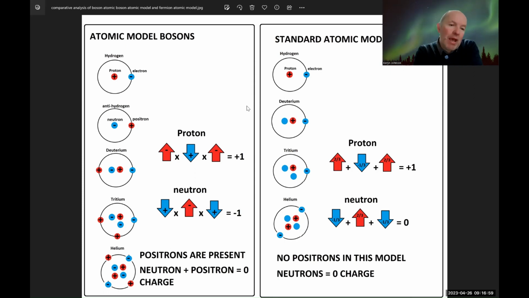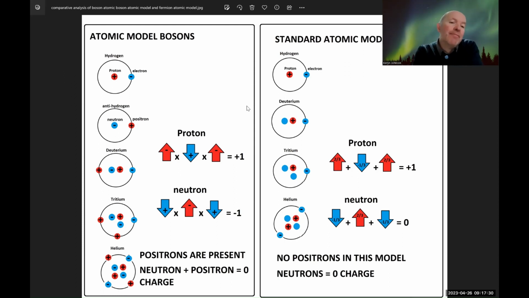And here we have tritium, where we have two negatively charged neutrons and one positively charged proton in the nucleus, and we have an unstable atom. And we have two positively charged positrons in the orbital layer and one negatively charged electron. So the orbital layer has an overall +1 charge, and the nucleus has an overall -1 charge.